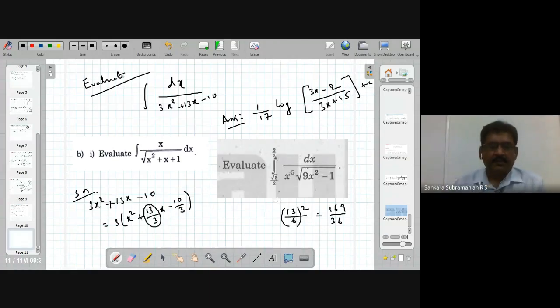So this is equal to 3 times x square plus 13x by 3, and I have to add 169 by 36, then minus 169 by 36. Already I have minus 10 by 3.